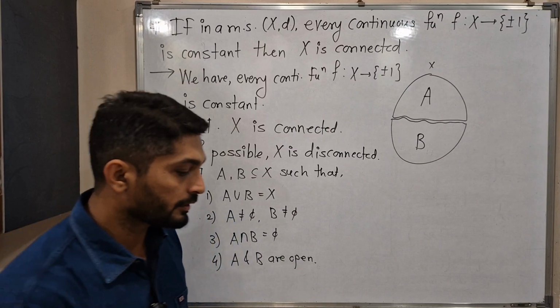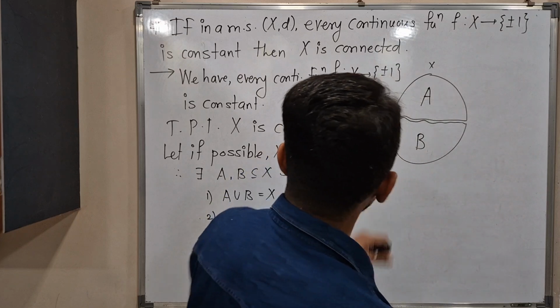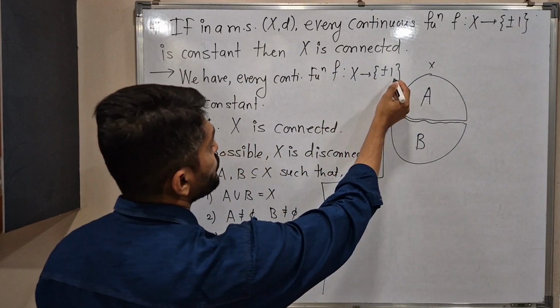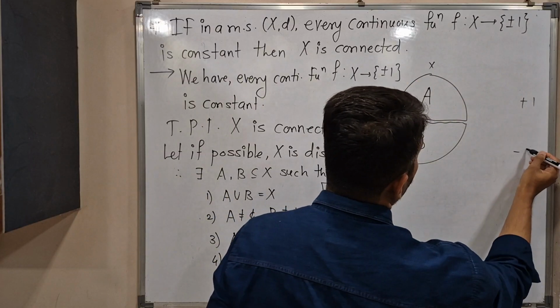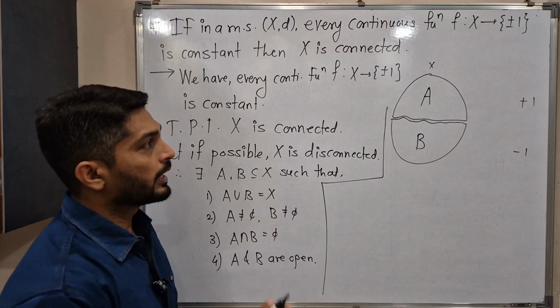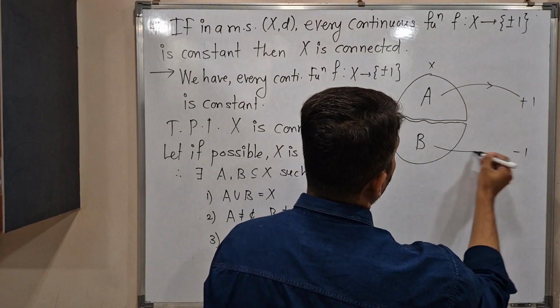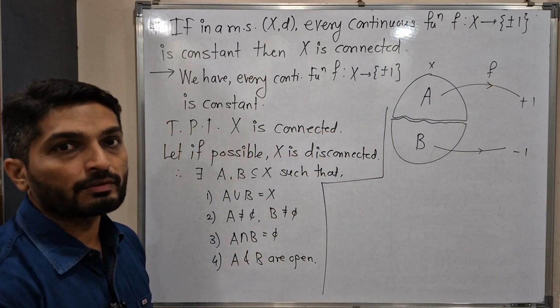Let us see how to define the function. We want a function from X to plus minus 1. I will consider all points of A mapping to 1 and all points of B mapping to minus 1. We are interested in such a function, so I'm defining it in this way.